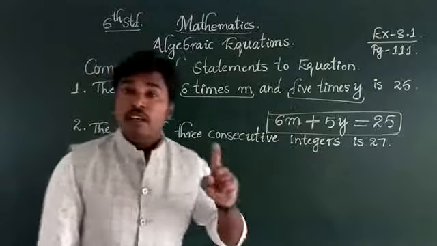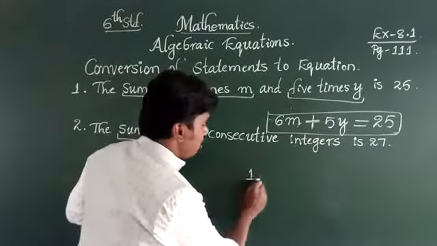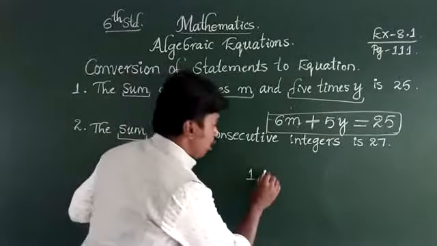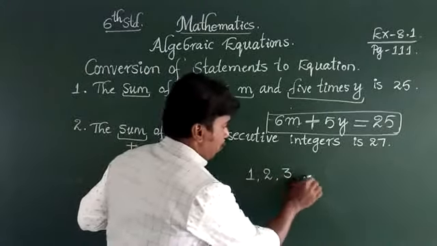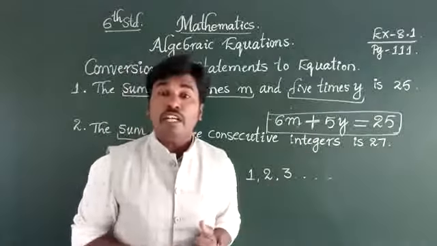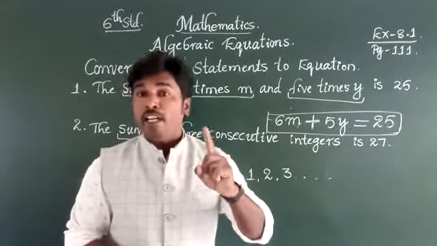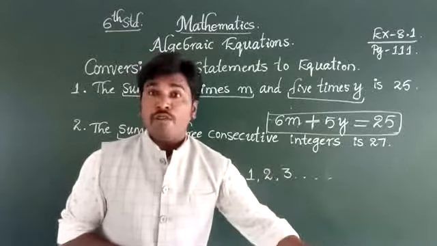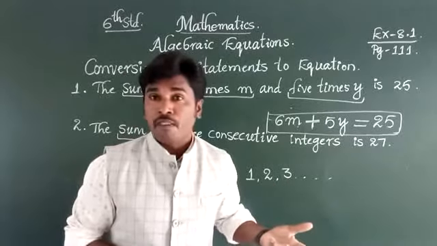Consecutive means three continuous numbers. If it is 1, the next consecutive number is 2, another is 3, and 4, 5, 6. Like this, these are called consecutive numbers. When you add 1 to any number, you get the consecutive number. A consecutive number is nothing but the next number.